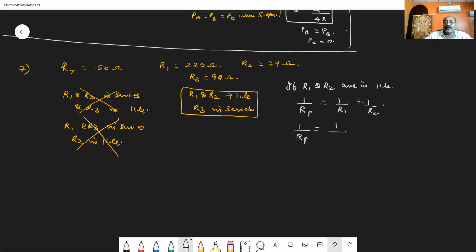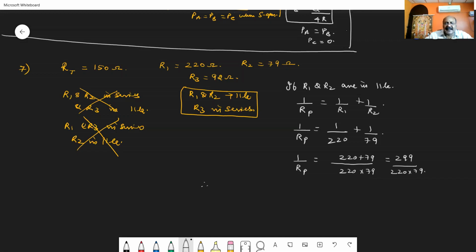R1 is taken to be 220, plus, what is R2? R2 is taken to be 79. Now you calculate the value of 1 by Rp. Taking the LCM, 220 into 79, in the numerator I will get 220 plus 79. So I get 299 divided by 220 into 79.